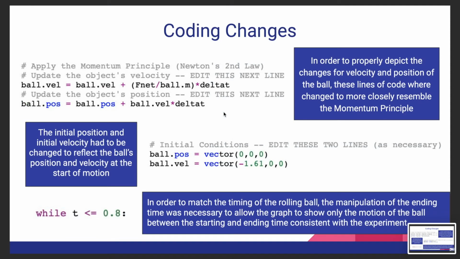As for the changes in the code, in order to better reflect the momentum principle, I did both the change in velocity and change in position formulas, in order to more accurately describe said formulas with F net over mass times delta t and ball velocity times delta t. I also implemented the initial position and initial velocity right here as grabbed from Tracker, and because the time frame for Tracker was only 0.8 seconds, I also indicated that within the loop.